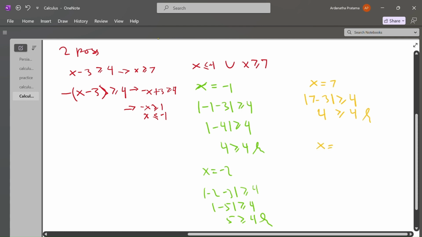So this is alright. So let's try x equals 8. When we have x equals 8, then we have the absolute value of 8 minus 3 is greater than or equal to 4. 8 minus 3 is 5, and this is obviously greater than or equal to 4. So this is also correct.